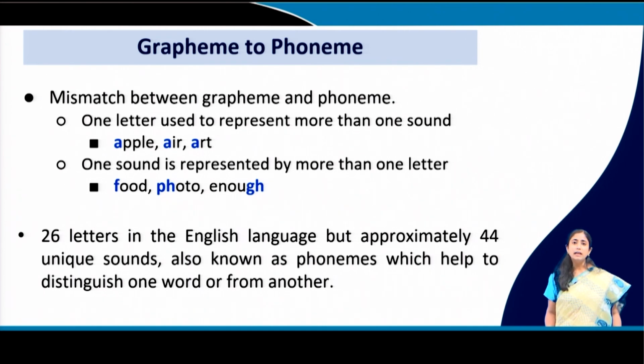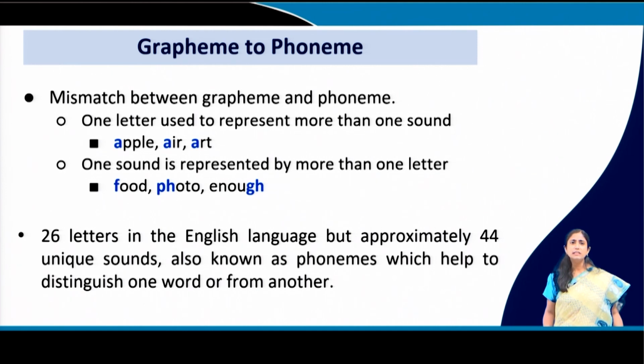So, we can't say that whenever there is the alphabet A, one particular sound will be used, because there can be variations. And this is not only true for vowel sounds; for any letters we can see that, and not only for English, for other languages also you might see this difference. So, graphemes do not always represent the same sound; there can be variations in the use.